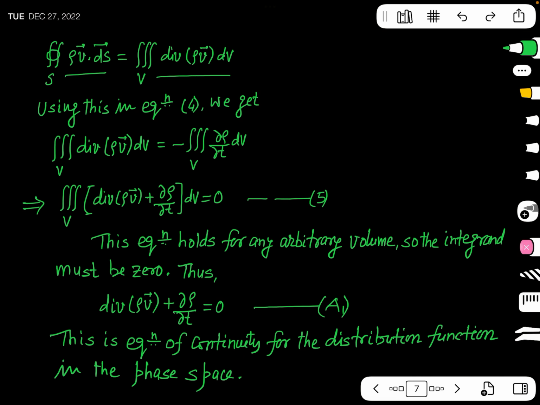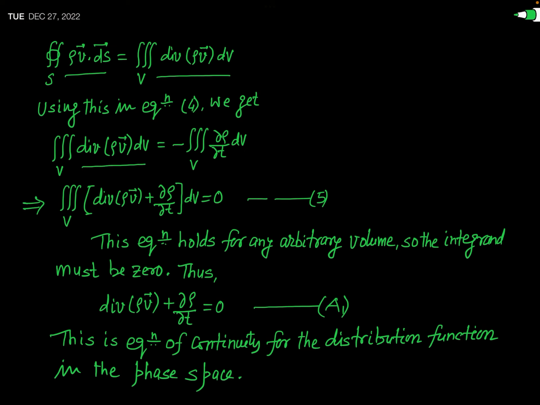We now get the volume integral of divergence of rho v over the volume V is equal to minus the integral over V of del rho by del t dV. Now if you take this term in the RHS of this equation to the LHS, you can write this expression like this: the integral over V of divergence of rho v plus del rho by del t dV is equal to 0.